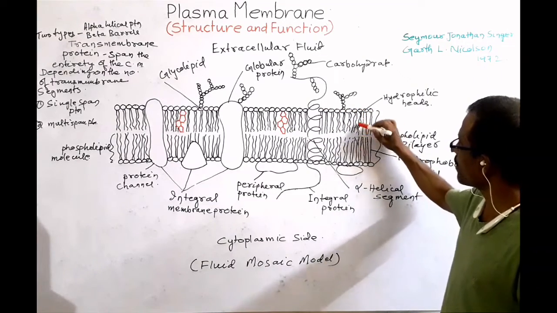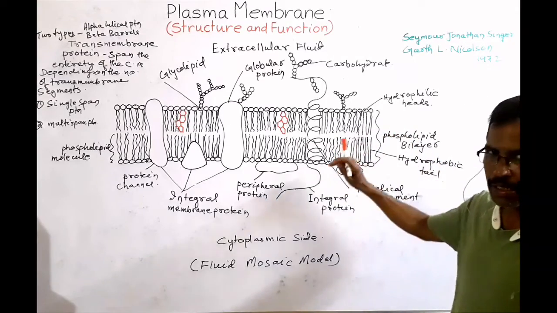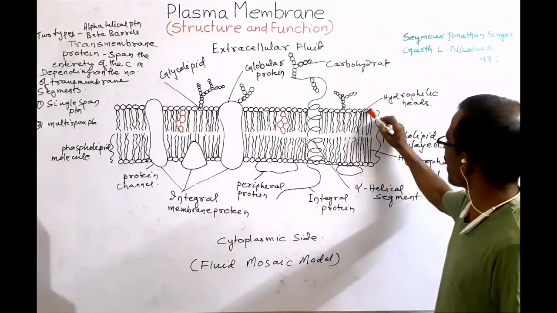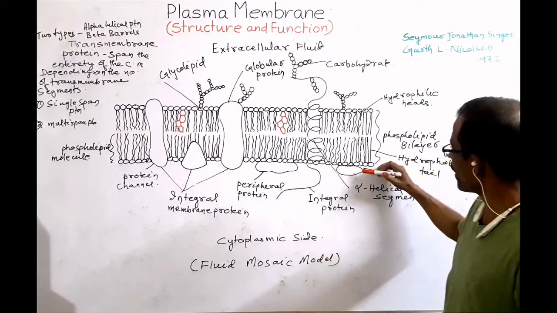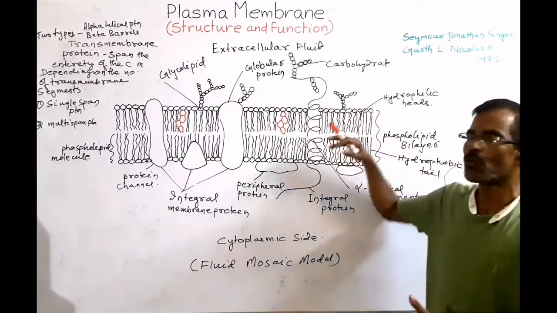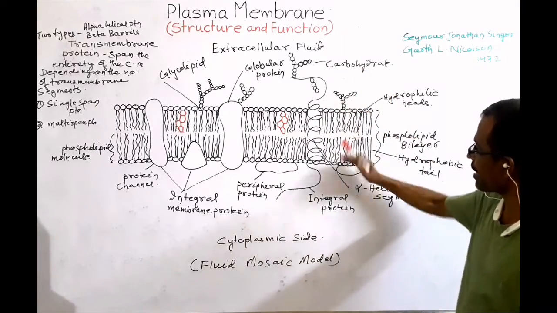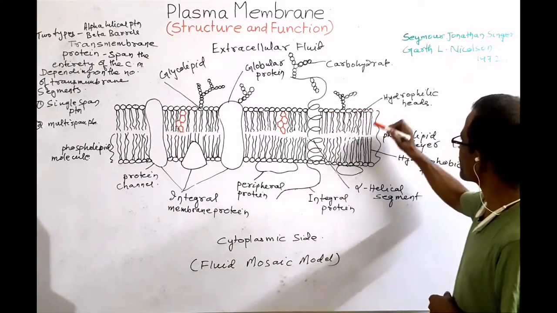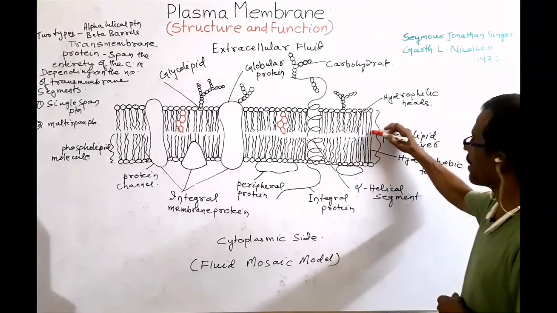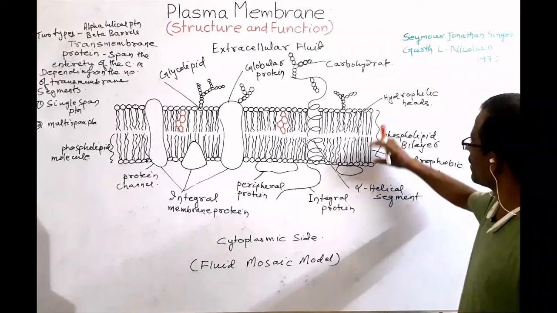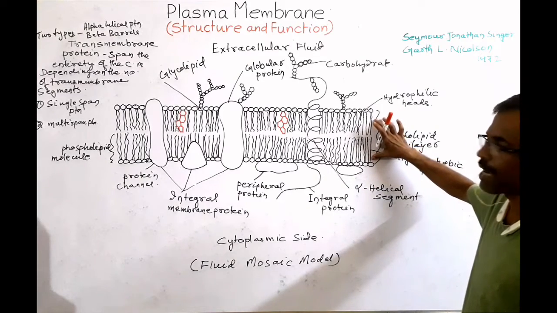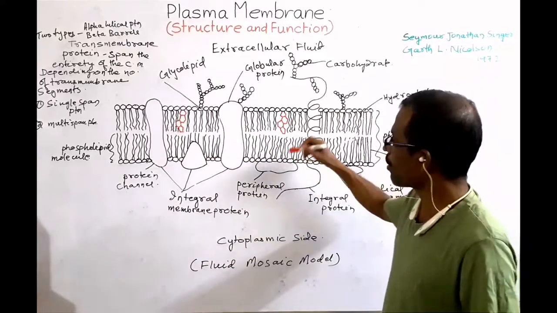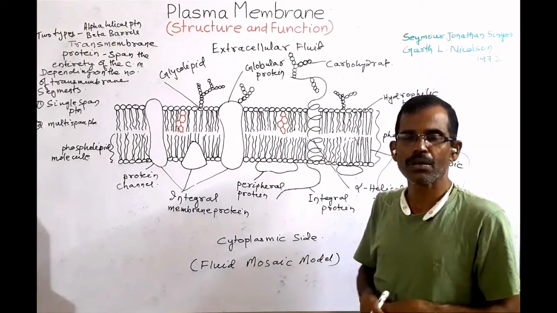The lipid molecules are arranged in the form of a bilayer in such a manner that the hydrophilic head groups remain oriented toward the external side or internal side. So these are the polar head groups and this is the hydrophobic tail. In this lipid bilayer, the interior is hydrophobic, and you can also see the presence of sterol.